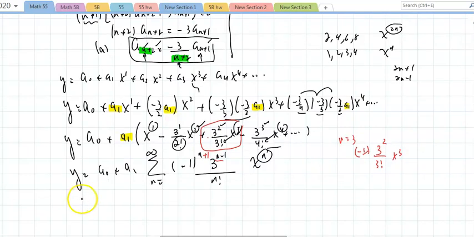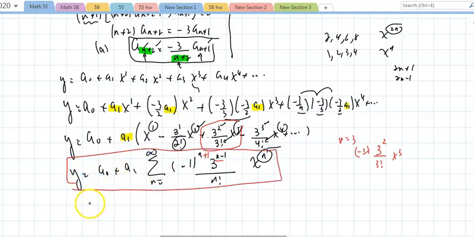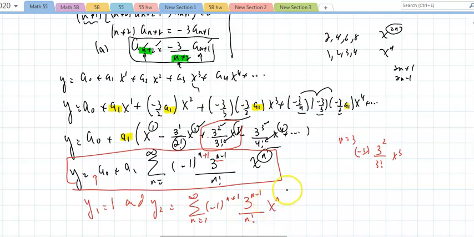So I could say in this case that y sub 1 equal a 1, the coefficient of that, and y sub 2 is the series n equal 1 to infinity of negative 1 to the n plus 1 times 3 to the n minus 1 over n factorial x to the n, because y equal a sub 0 y1 plus a sub 1 y2. That's how you write the solution.